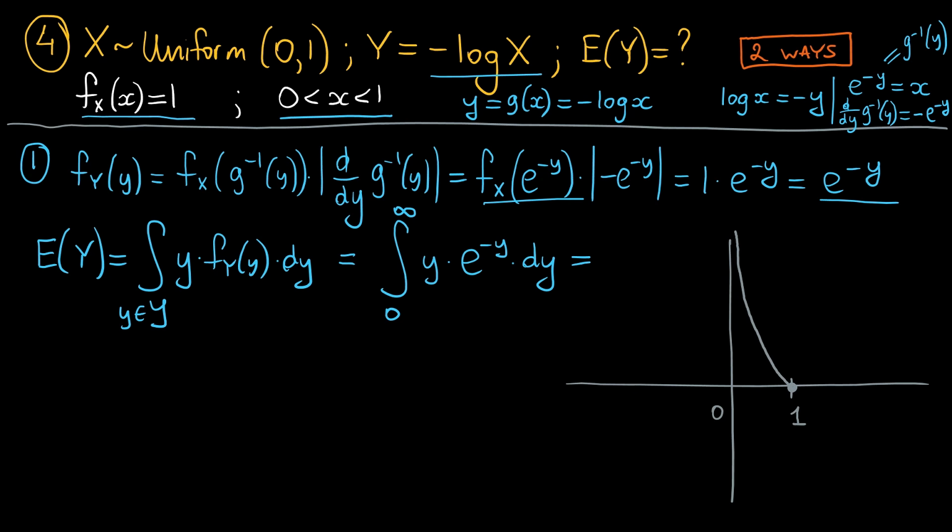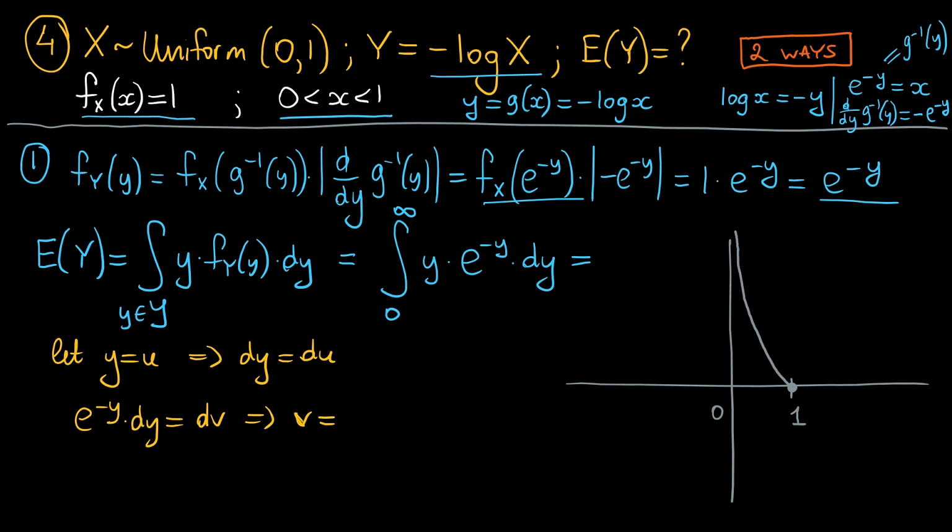We'll let y equal u, which means that dy will be du, and we'll let e to the power of minus y dy equal dv. That means that v will be the integral of the left side, which is just minus e to the power of minus y. Okay, and now we can continue evaluating our expected value.